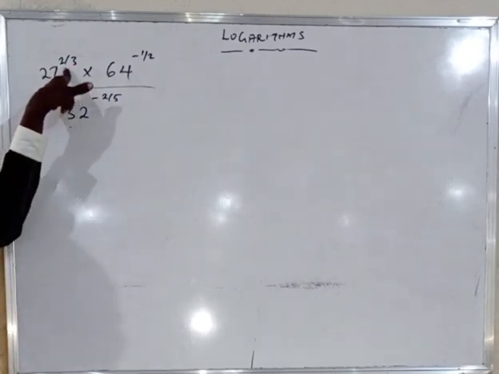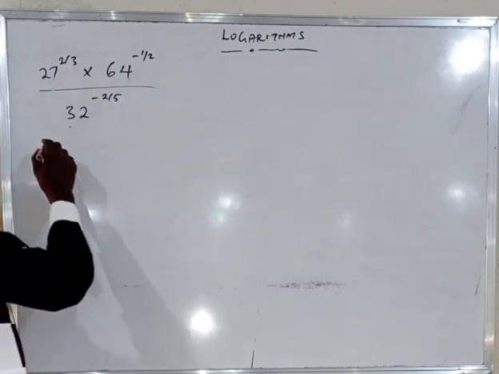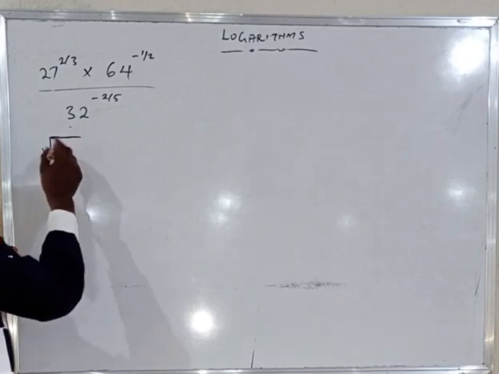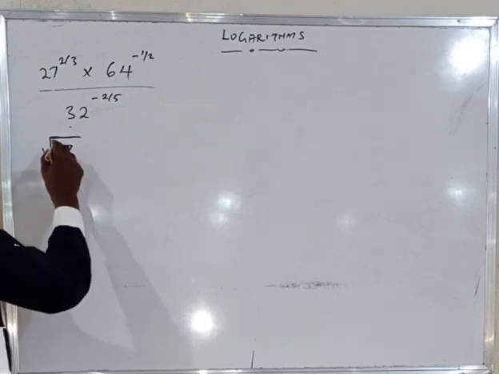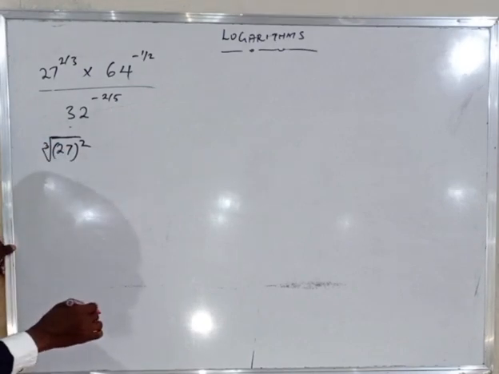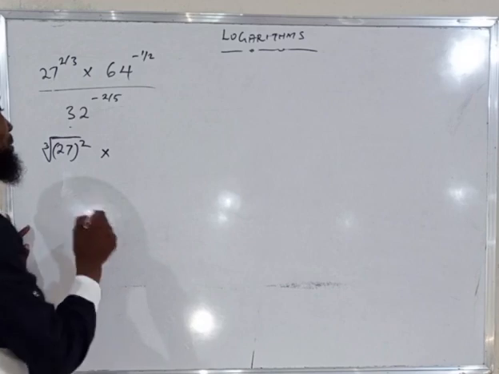Once the power is a fraction, what do you do? You create this root. You put 27 inside, raised to power 2, and you put 3. We are maturing now, then I will show you something else. Here we also can say square root.